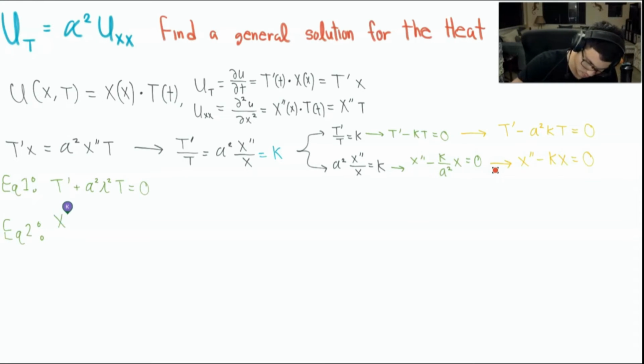This will be X double prime plus lambda squared X is equal to 0. Now, why am I doing this? Pretty important reason. Lambda squared is equal to negative k.